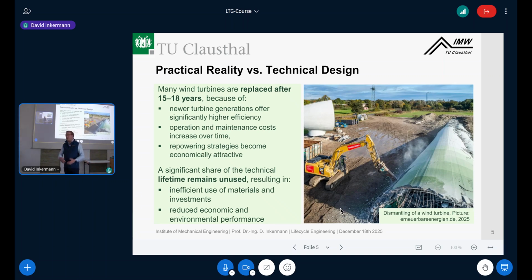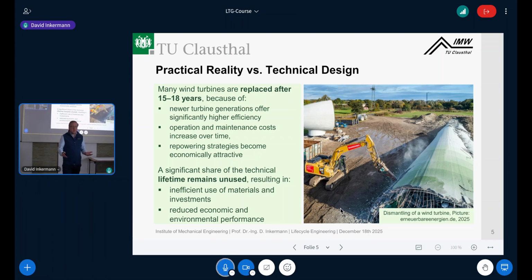So at the end, these turbines are not running 20 or 25 years, but on average, many or most of the wind turbines are replaced after 15 to 18 years. And the question arises, what is the reason for that? They are technically designed for a longer lifetime, but replaced before.